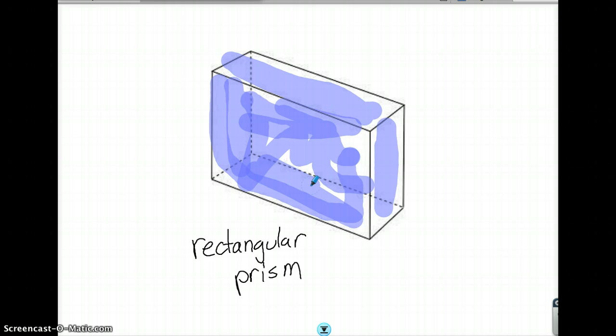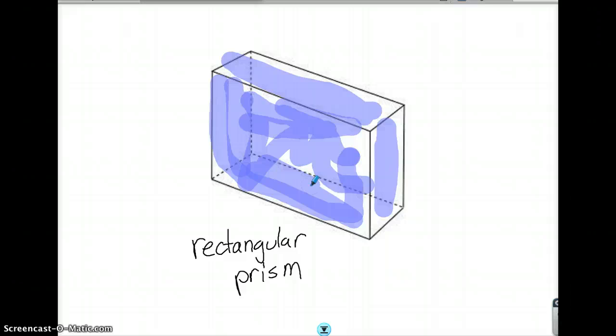So my question to you in closing, just as we're about to leave this video, your journal topic when you come into class tomorrow will be this. How would you find the total surface area of this shape using what you know about area of basic shapes, of plane shapes, and using what you know about the properties of polyhedra?